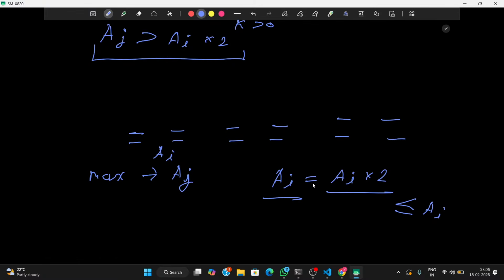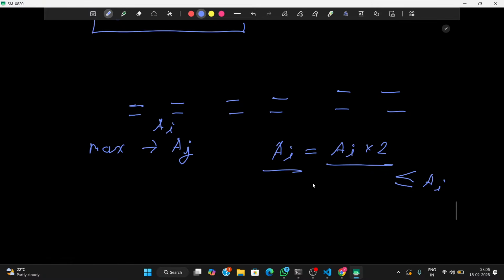Now what is our answer? Aj is our maximum, and we will find some minimum, and that is the answer currently. But that's not the final answer.